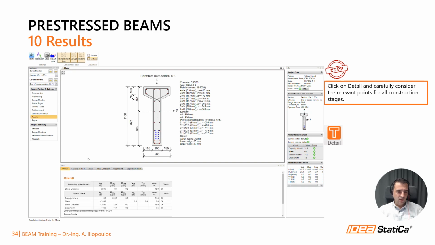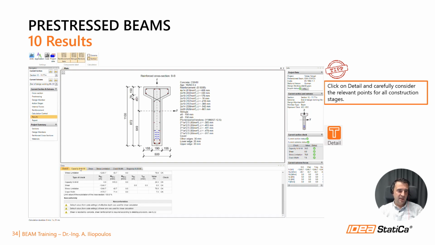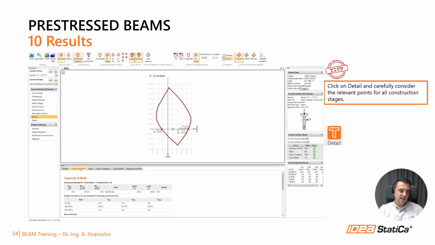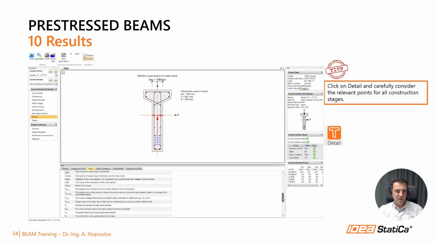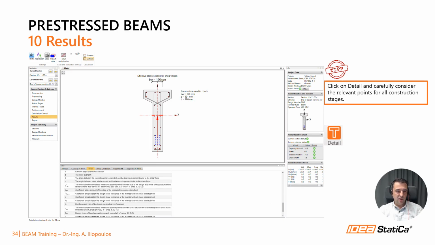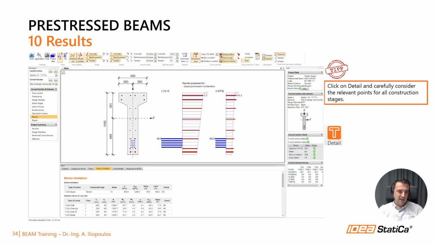We get the overall results, which are listed here, and then we can check in more detail the capacity of combination of normal force and bending moments. Then there is the shear check, again with all the results here in the table. And here's another option, how to check the inclination of the strut.